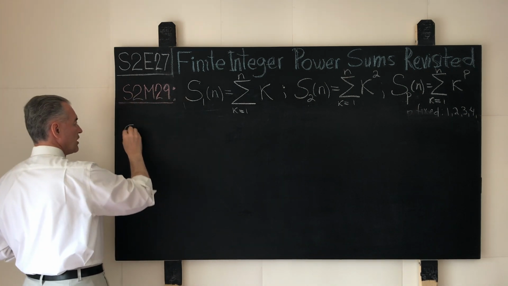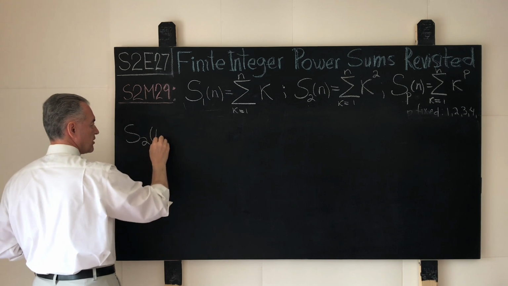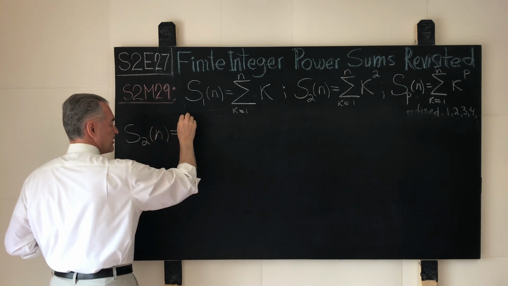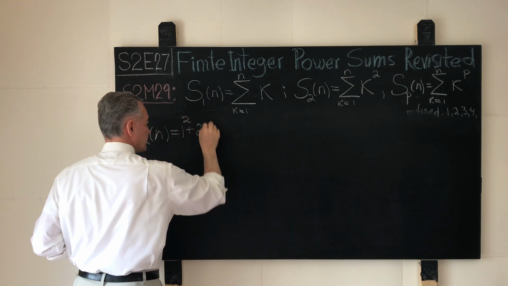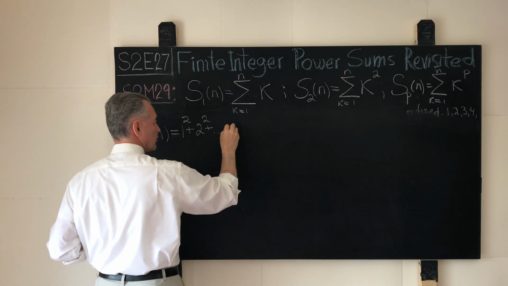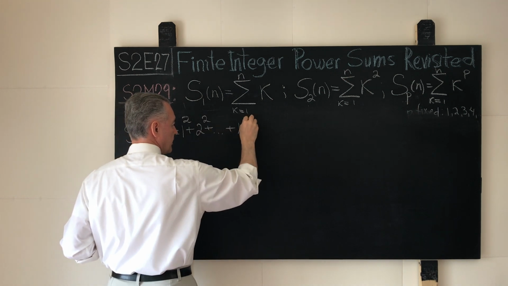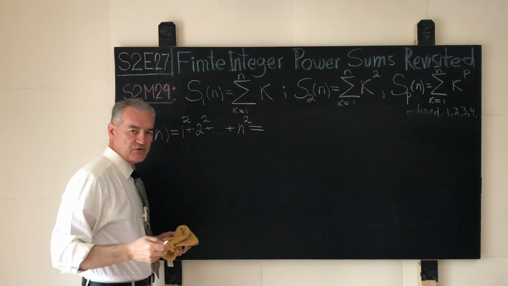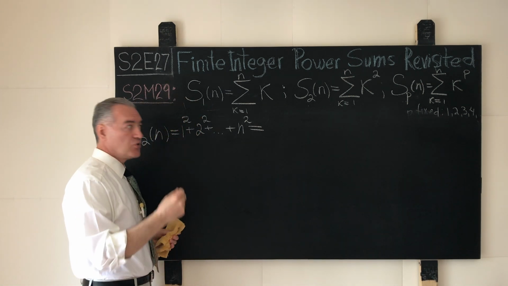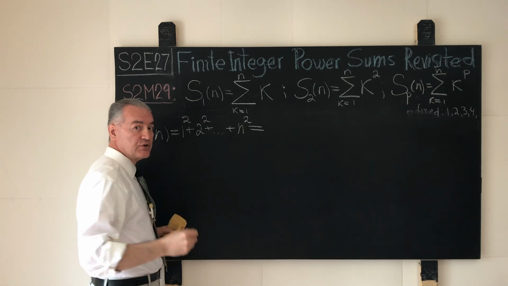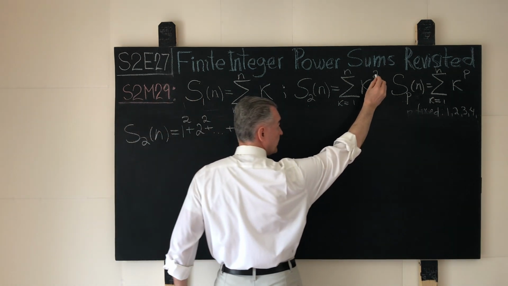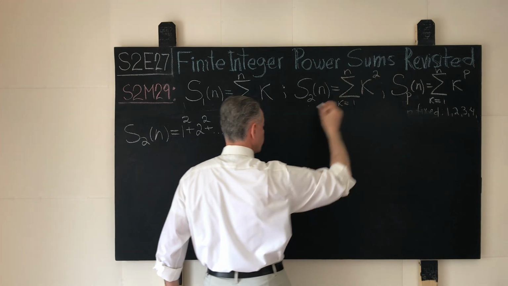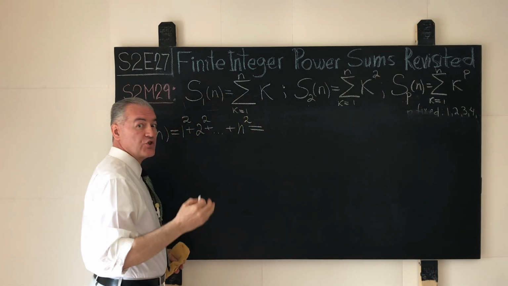Step number one, write down our sum, spell it out explicitly. 1 squared plus 2 squared plus so on plus n squared is, according to the theorem that we mentioned at the beginning of this episode, what? A polynomial in n of degree what? p is 2, p plus 1 is 2 plus 1 is 3, so this is a polynomial of the third degree.